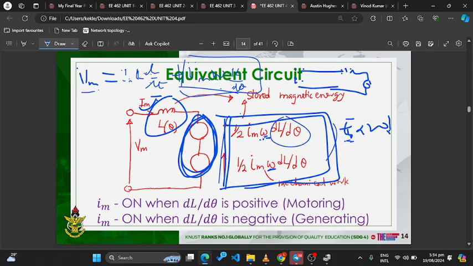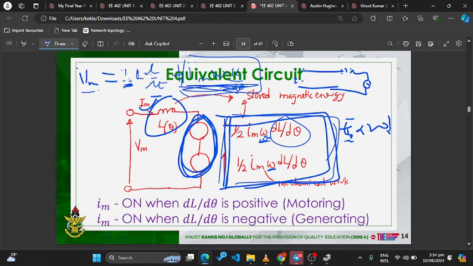If that's the case, then the current over here has to be very high. So at low speed, your current is very high. But as the speed increases, this value will start increasing because it is proportional to speed. So as the speed increases, the current will be reducing.